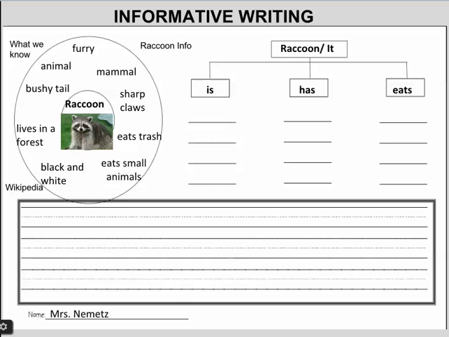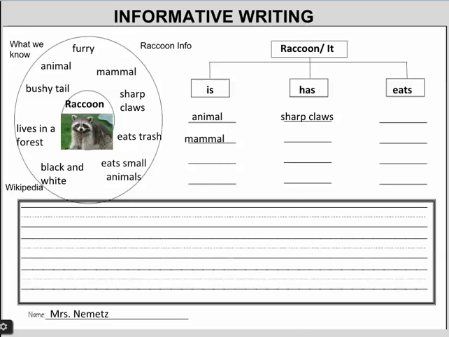Now I'm going to look at my circle map and look for what the raccoon is. It is an animal. I have animal right here. It is a mammal. Mammal is right here on my circle map.